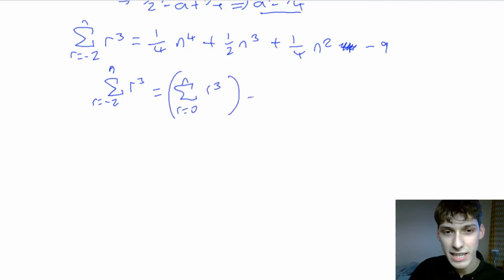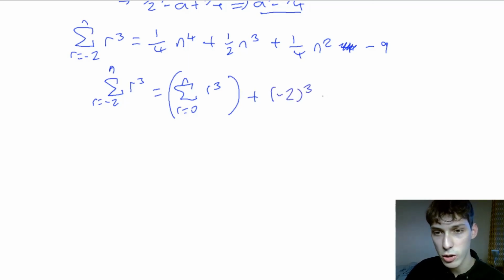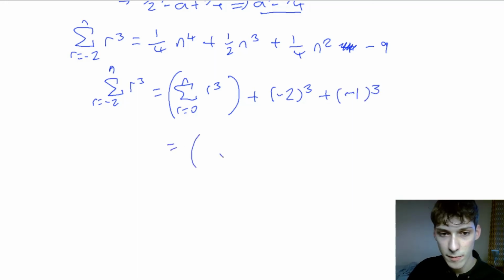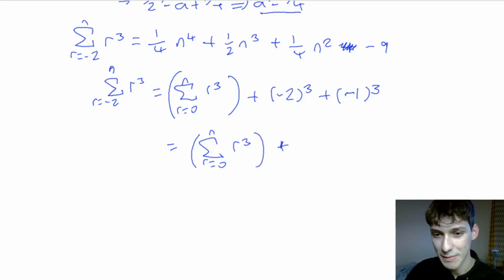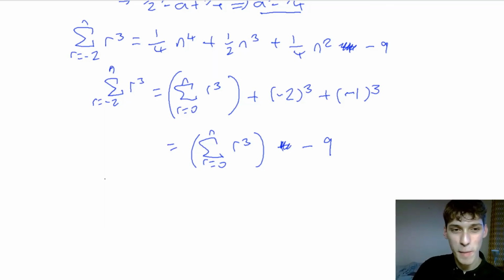And then if we add to that the term for minus 1 and the term for minus 2, so that's minus 2 cubed plus minus 1 cubed, is equal to this sum that we want to find, plus, or actually, should I say minus 9. And that's minus 8 plus minus 1. Okay, perfect. Now, almost there.